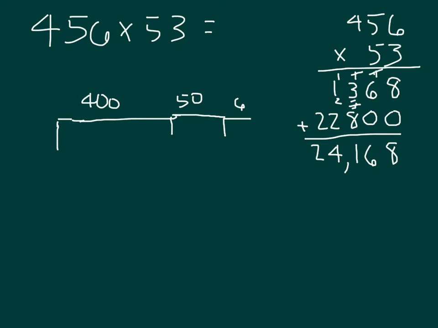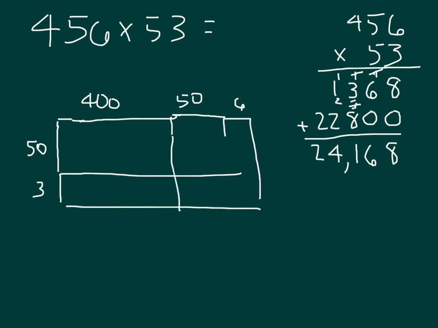We have 53, broken down and decomposed into 50 and 3. Within each of these, within the area model, first I have 400 times 50. That's 5 times 4, which is 20, followed by 1, 2, 3 zeros.